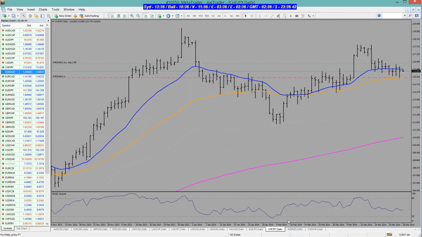Does this have it? This is kind of divergence, hidden divergence, right? So you've got lower lows, higher lows, yep. And at the time, you've got RSI going in the opposite direction. Yep. So what is this telling you?